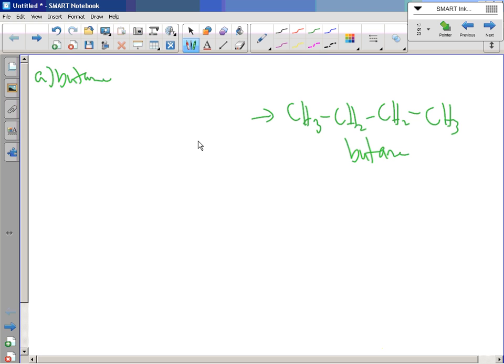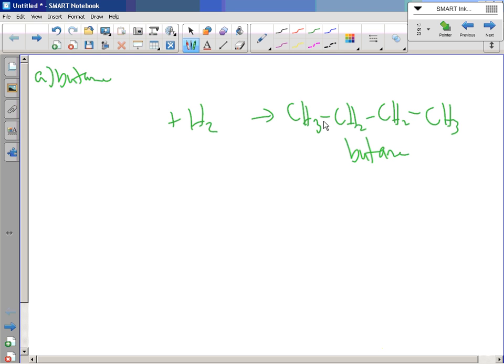If I'm creating butane from an alkene, what do I have to add to it? What had to be added to that? Yeah, H2, because I had to fill it full of hydrogens. I have 3 possible places for a double bond. Does it matter in order to get that product? Doesn't matter in this case.